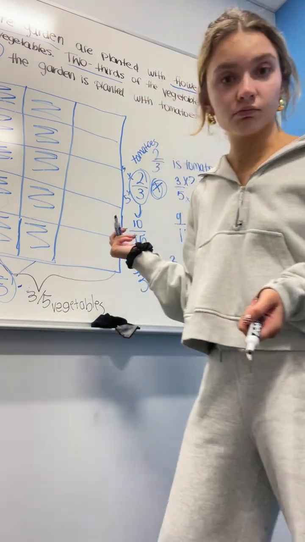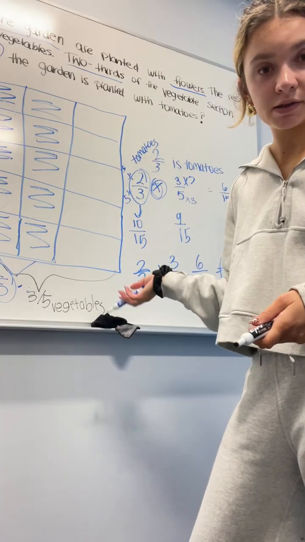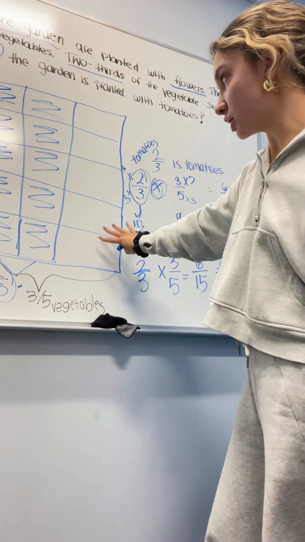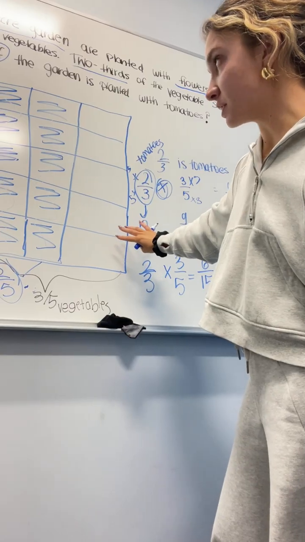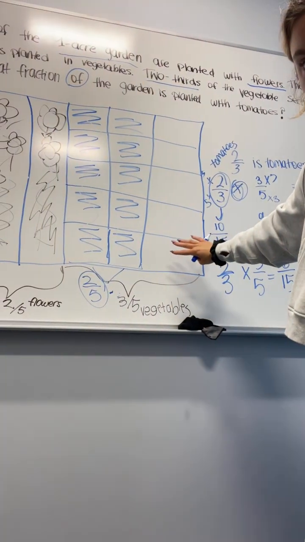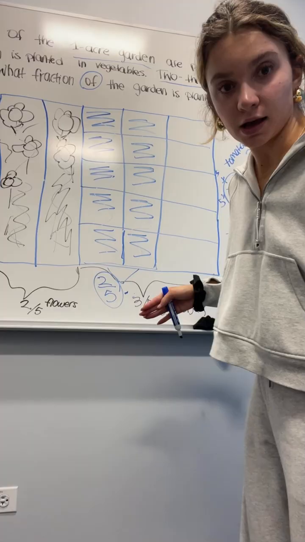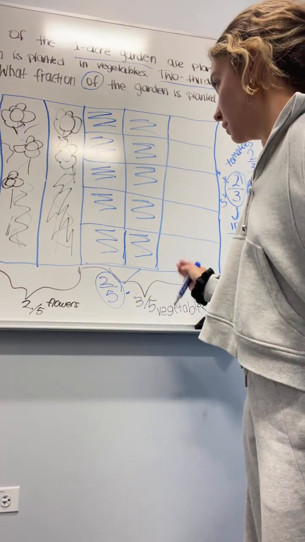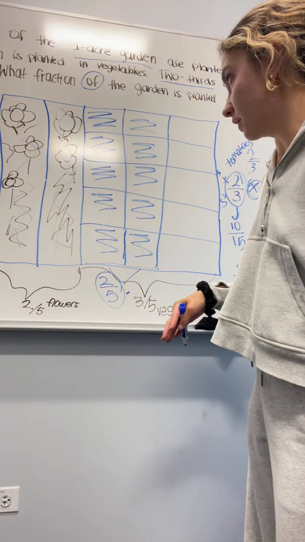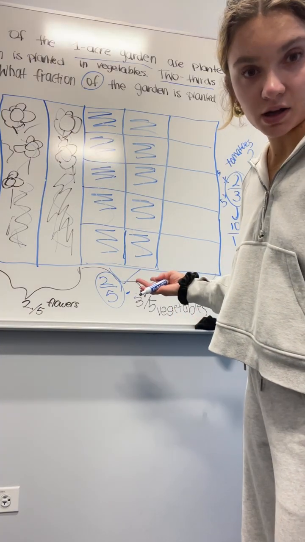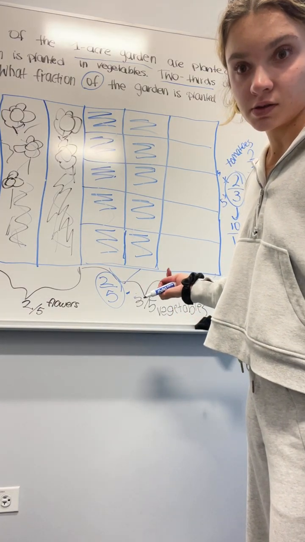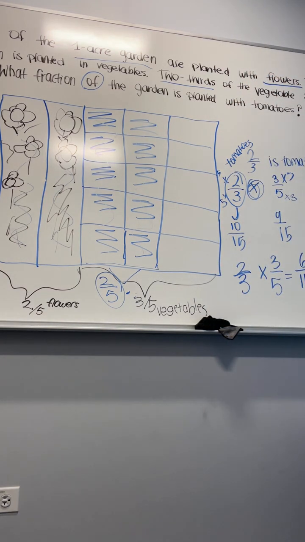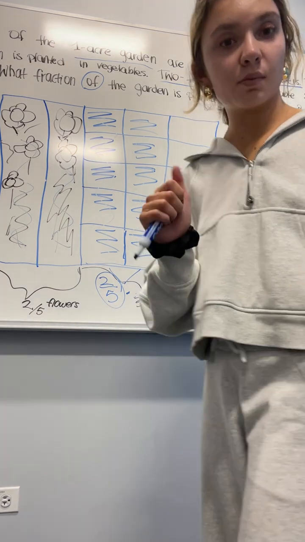So that's the faster, easier way if you just want to multiply. But the way that I showed helps the visual learner break it down and understand within the part-whole of finding your missing fraction. So yeah, the answer is 2/5 is planted with tomatoes.